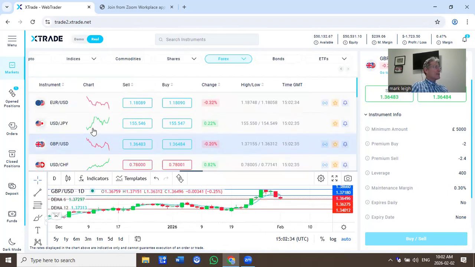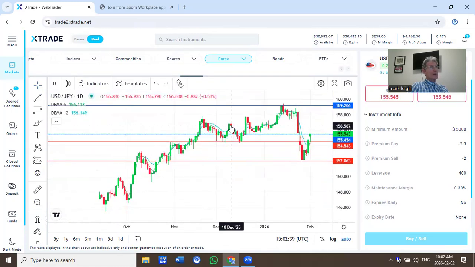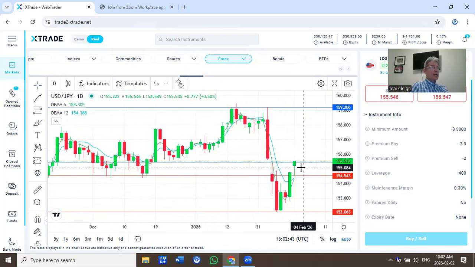US dollar against the yen. Certainly strong US dollar against the yen this morning. 154.54 is the support, and resistance is at 155.54. Intraday resistance moving higher right now, buyers of US, sellers of yen.